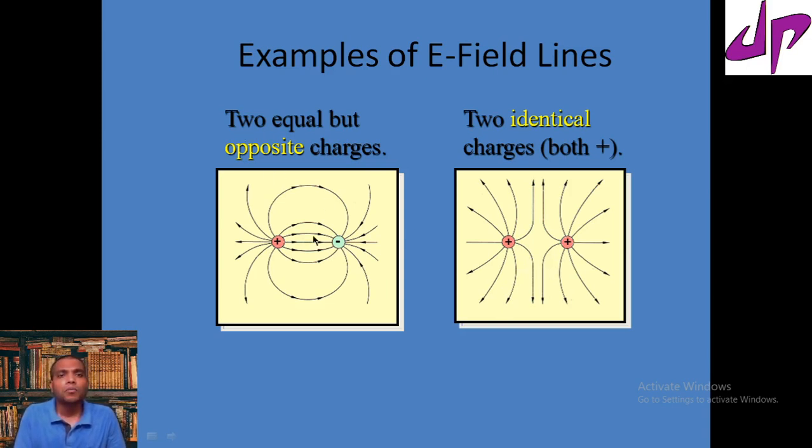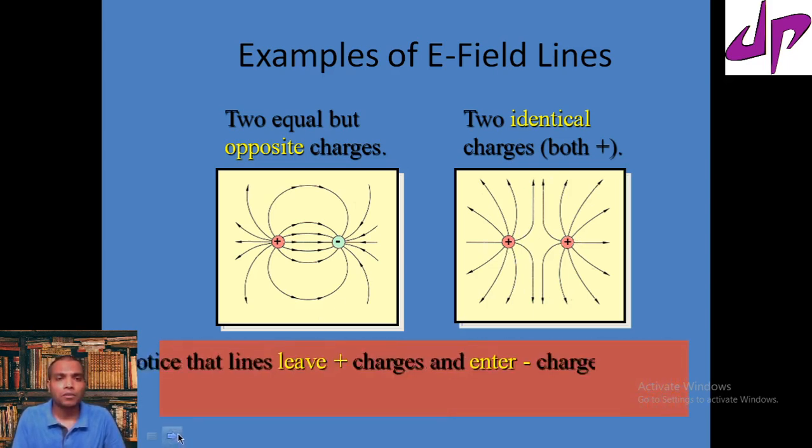If the charges are opposite, this is the pattern of the electric field lines. If the charges are identical, either plus or minus, this is the pattern of the electric field lines. Let us see some more examples.